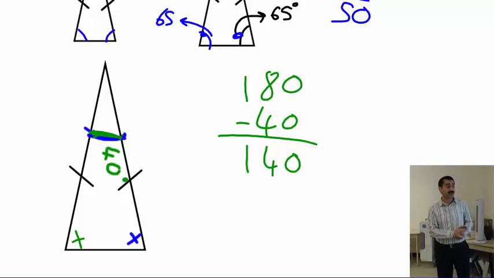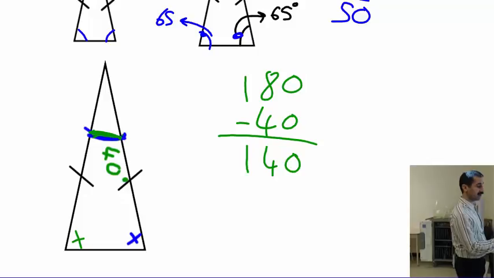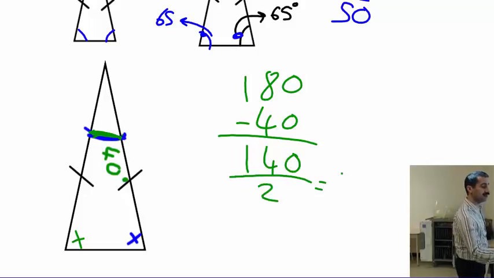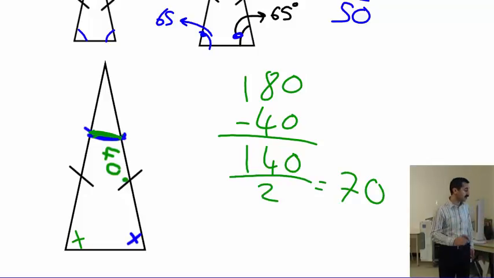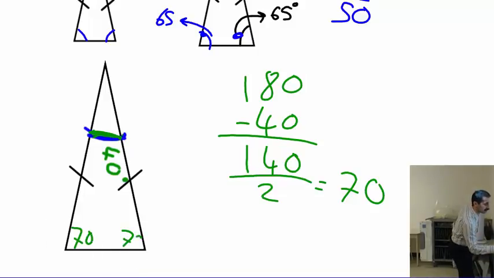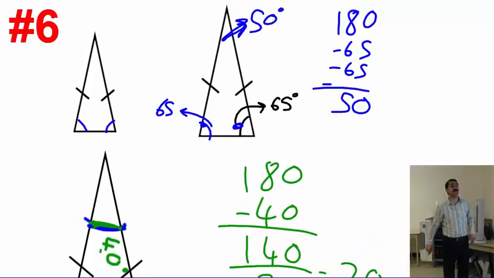How do you get that? Simply, you just divide it by 2, which is 70. So now I know that this is 70, that is 70. In other words, 70 plus 70 plus 40 will give you 180 degrees. So that's how you apply rule number 6.